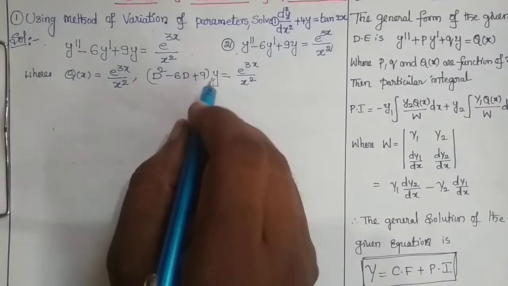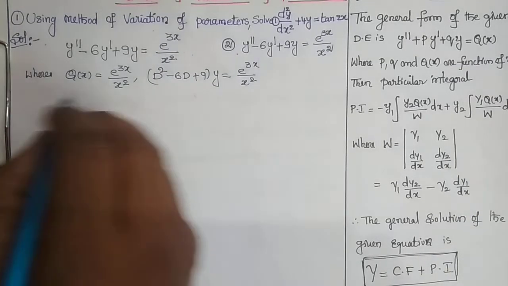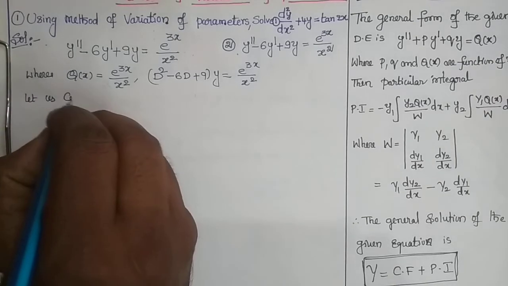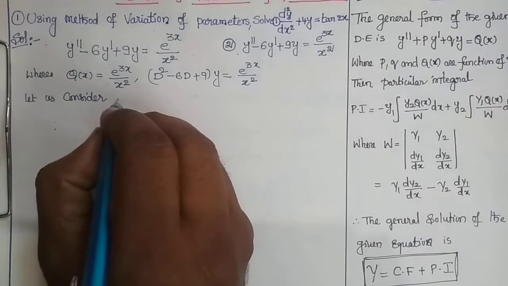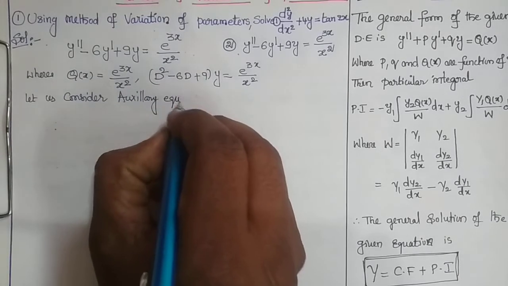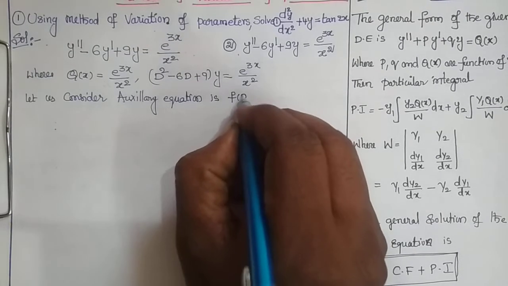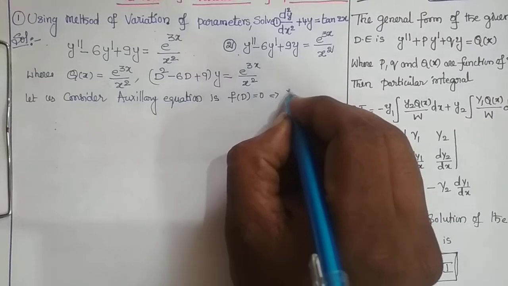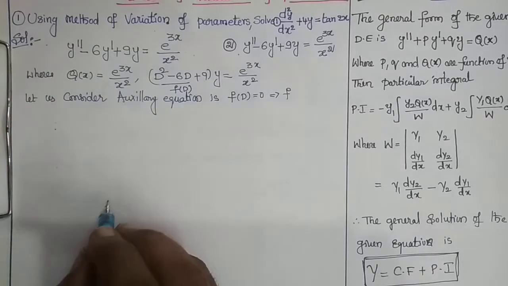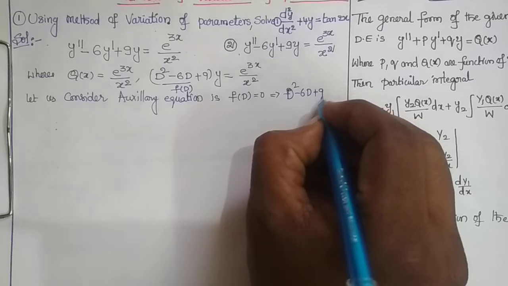Before we solve this question, let us go for the complementary function. What is the complementary function for this question? Let us consider the auxiliary equation. The auxiliary equation is f of d is equal to 0, which is d square minus 6d plus 9 is equal to 0.